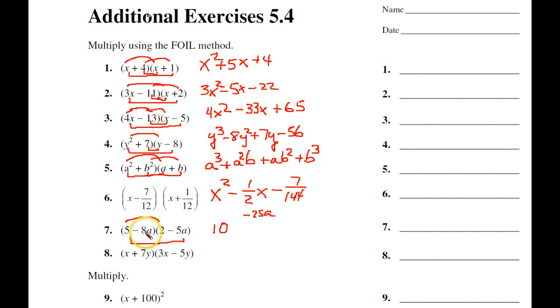My inners are going to be a negative 16a. And I should be able to do that mentally, but I wrote it out anyway. Again, write them out if you need to. And that's going to be a negative 41a. And this is going to be a negative times a negative makes it a positive 40a squared.